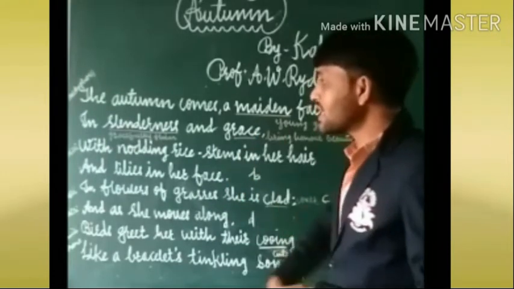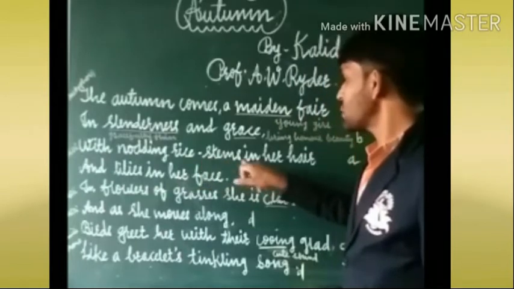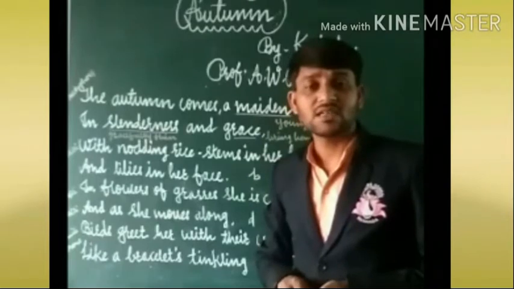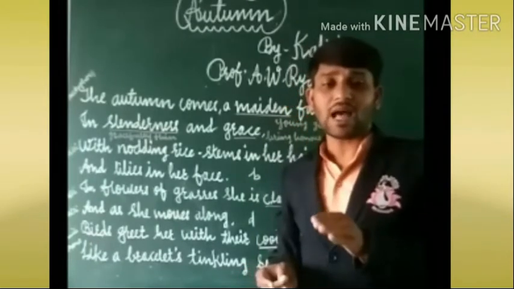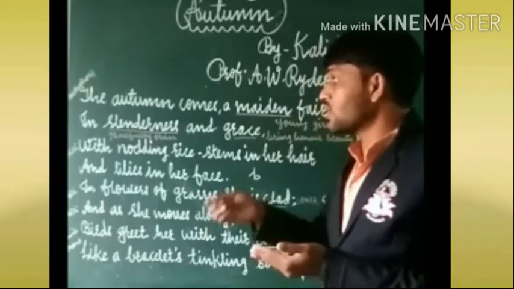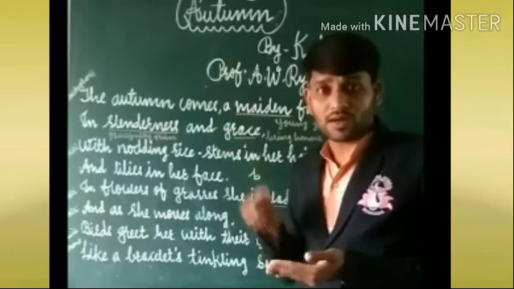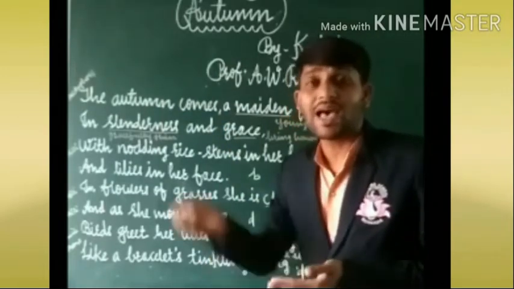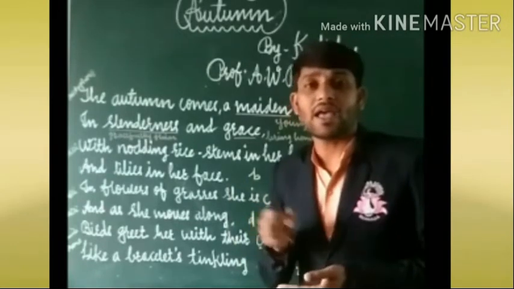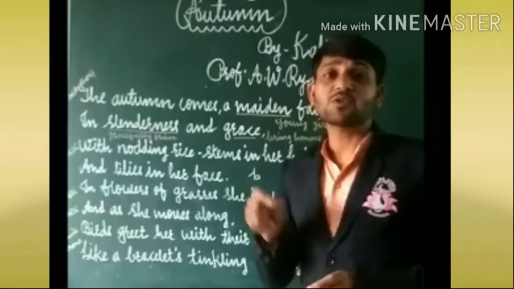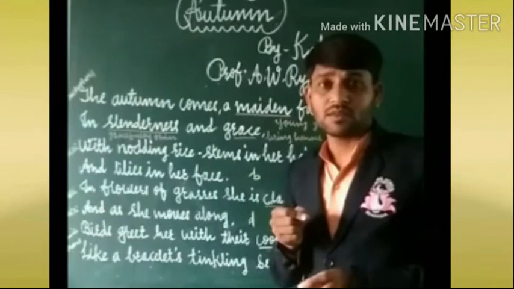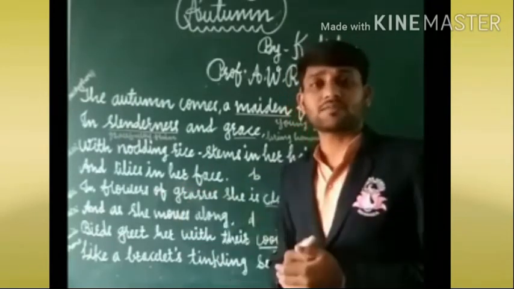The next two lines: with the nodding rice stems in her hair and lilies in her face. The poet says how she has adorned herself, the rice stems in her hair, because most girls love to adorn their beauty with a number of flowers.